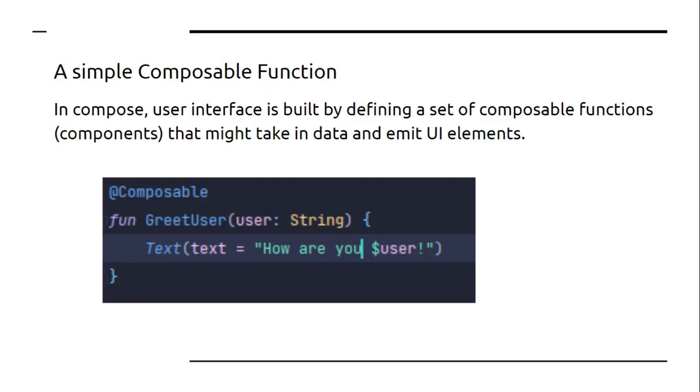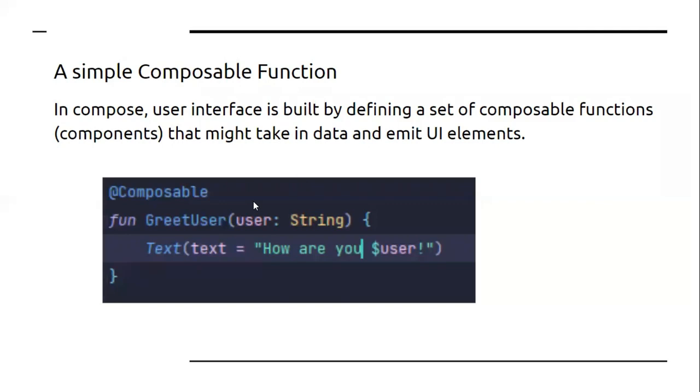So composable function is just a term that Google uses to describe their components. A composable function might take in data and emit UI elements. As you can see here, you just define a function.